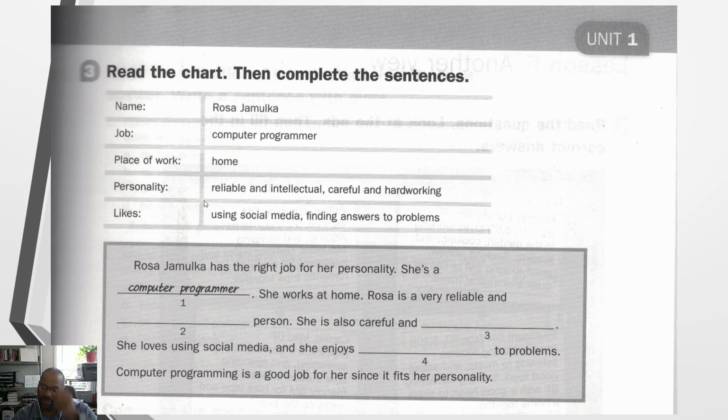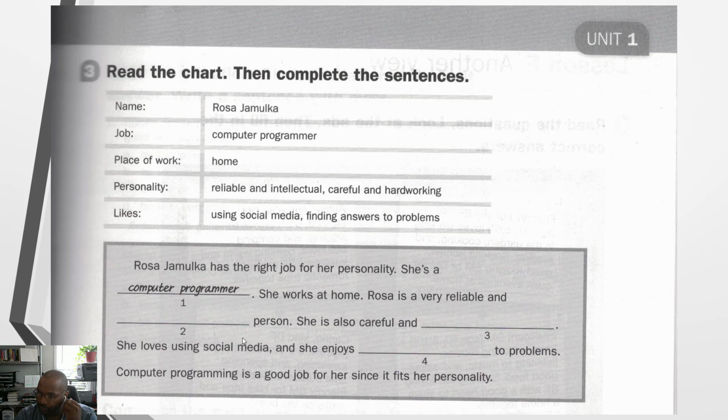If I would have known this information, that would have helped me a couple of exercises ago, like number 1, where I had to complete the chart, because now I know that computer programmers use social media, right? And they also like finding answers to problems.